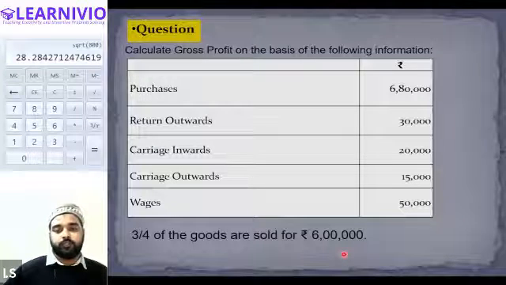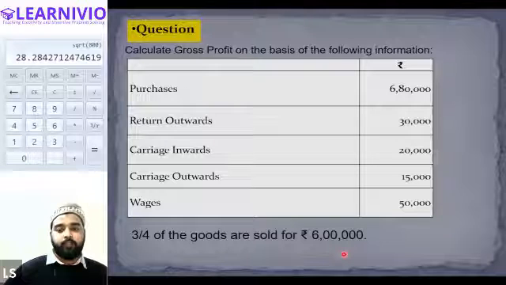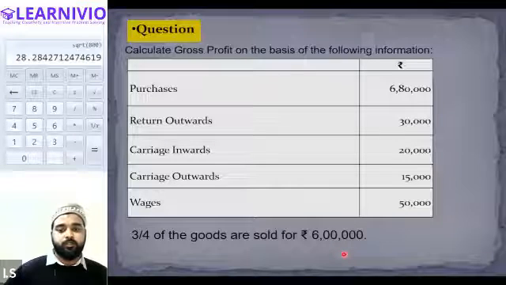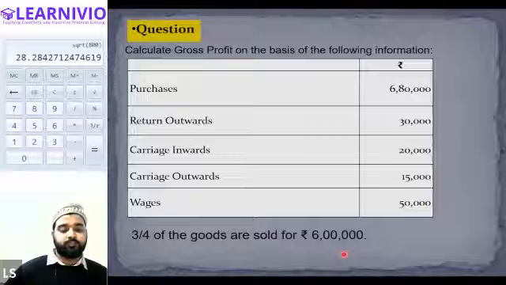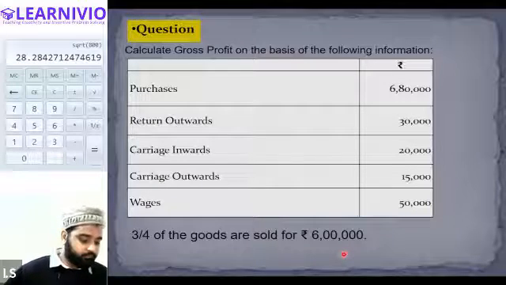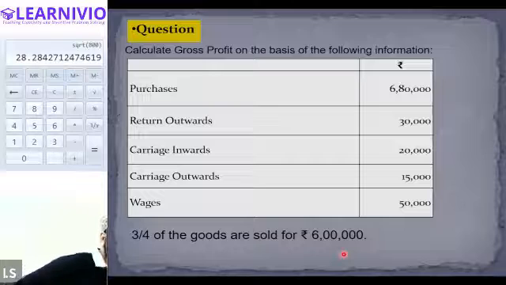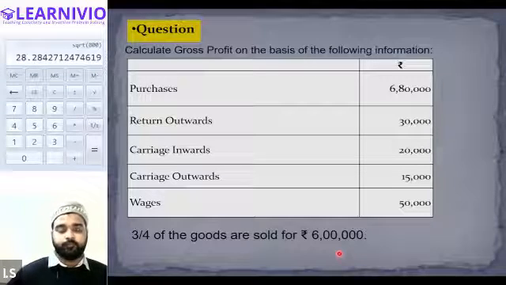Please solve this question. In this question, we need to find out the gross profit again. And this time purchases, return outward, carriage inward, carriage outward and wages are given. It is given that 3/4 of the goods are sold in the market, at a price of rupees 6 lakh. So basically we need to find out the gross profit. Try this question, all of you. Is the question visible now, everyone?